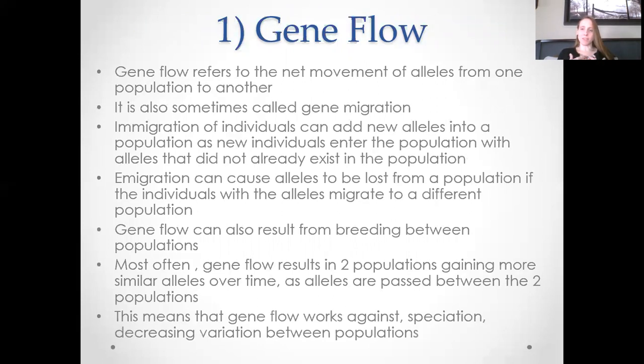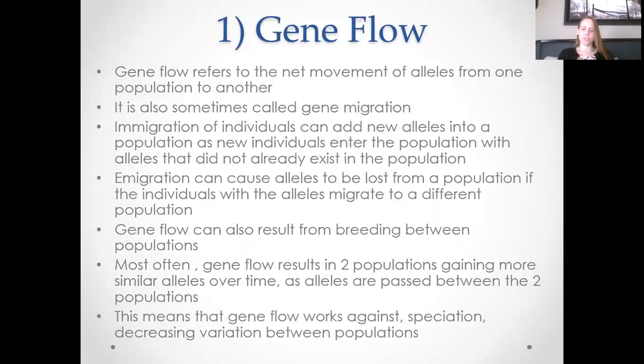And anytime there's emigration, so anytime individuals leave the population, they will take their alleles with them. Also, anytime there's breeding between 2 different populations, the offspring will be bringing some alleles with them that didn't already exist in one of the populations because either their mom or dad isn't from that population.